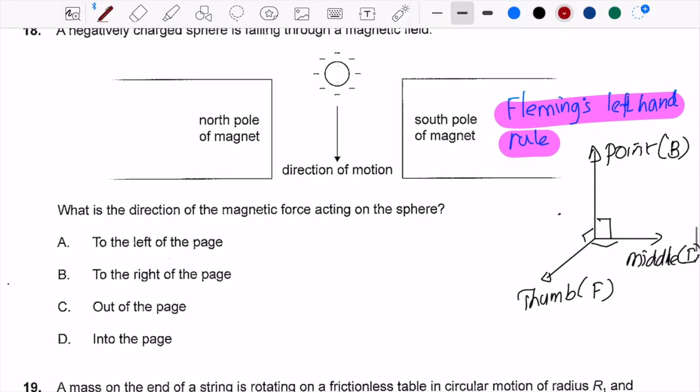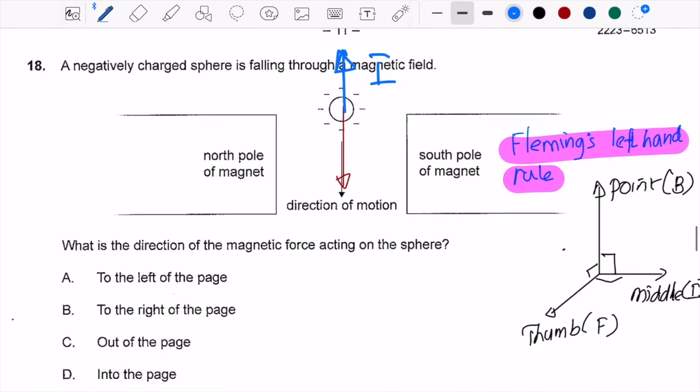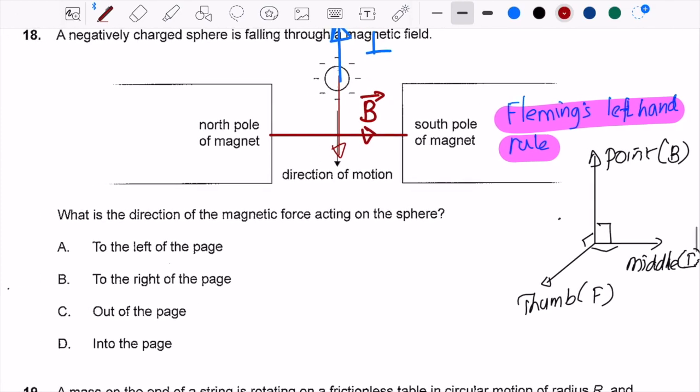Question number 18 is about Fleming's left hand rule. Two things we need to understand. One, when a negatively charged object moves downwards, actually current is going upwards. Second idea, the magnetic field is from north pole to south pole, so magnetic field should be marked from left to right in this example. Now let's use Fleming's left hand rule.